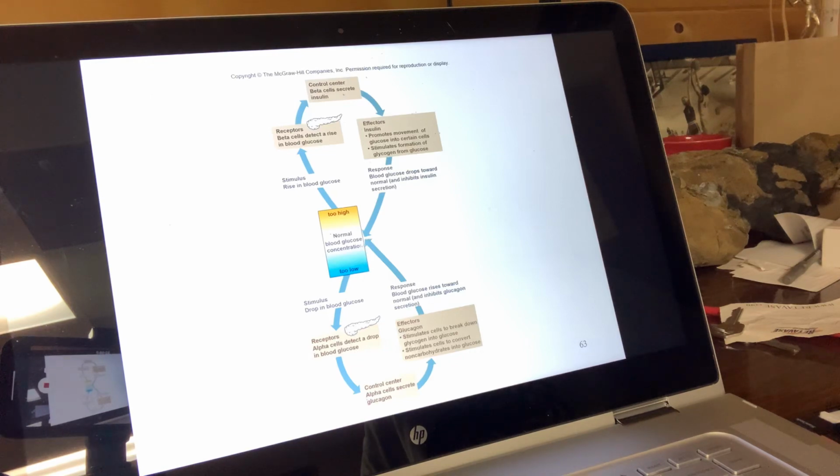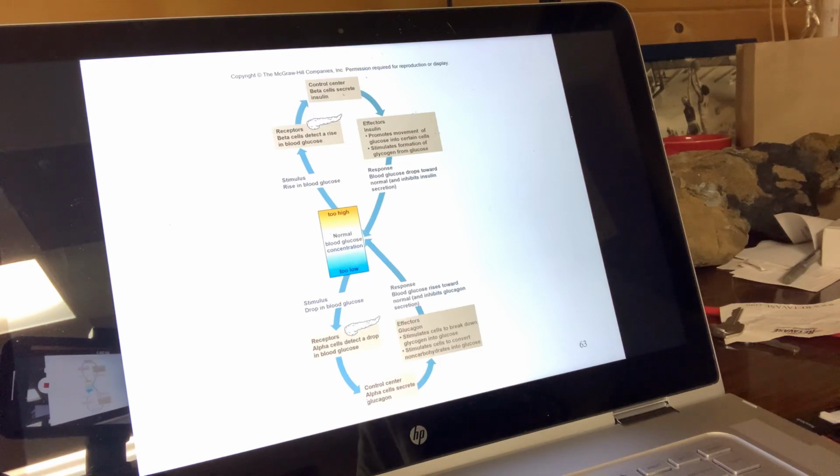If in fact you have a period of fasting and your blood glucose level starts to drop, alpha cells in the pancreatic islets are going to recognize that, and they are going to produce the hormone glucagon.